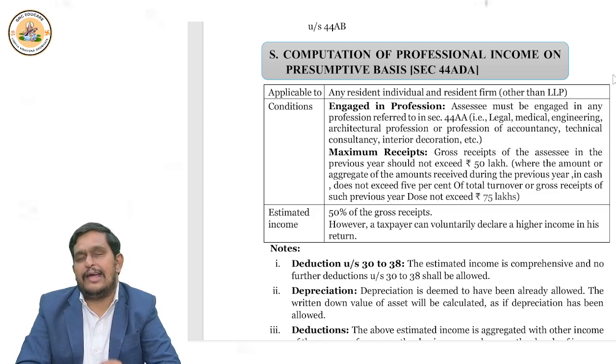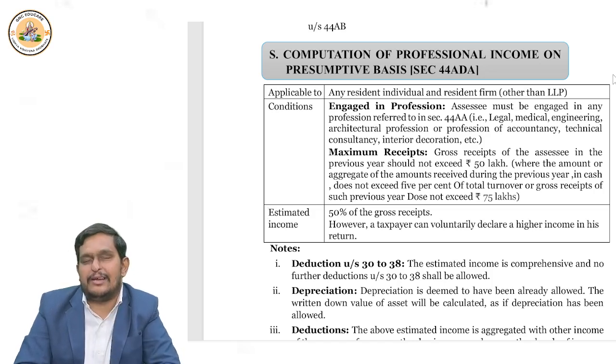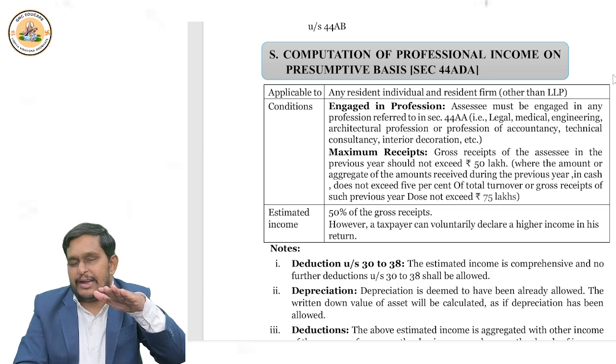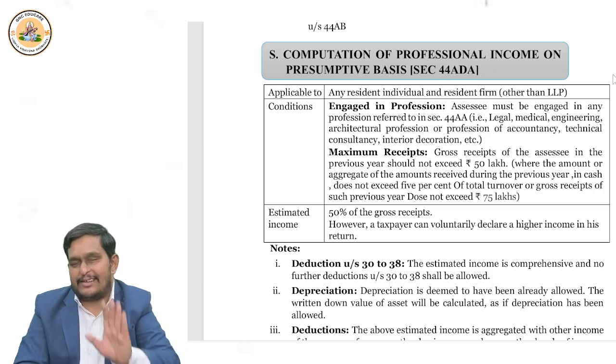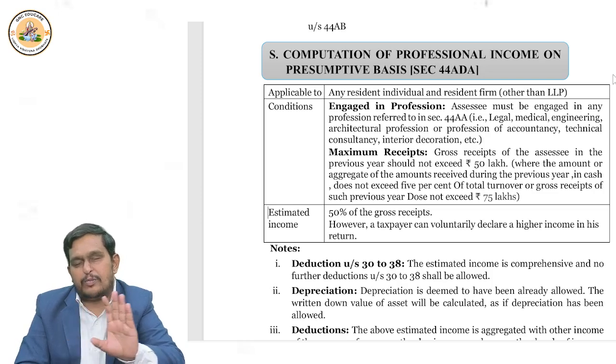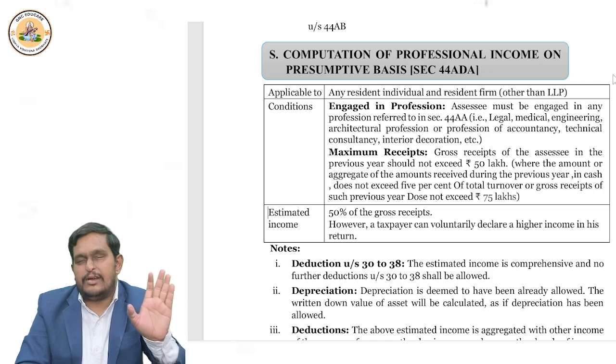If you want to declare higher income, you are always allowed. Cash receipts up to 5%, balance through account payee cheque, demand draft, electronic mode, then 75 lakhs is the limit. In all other cases, 50 lakhs is the maximum limit.